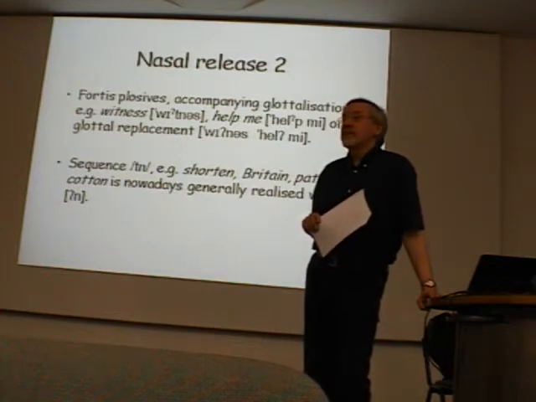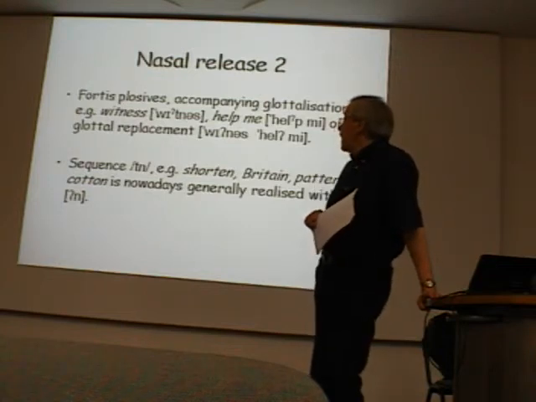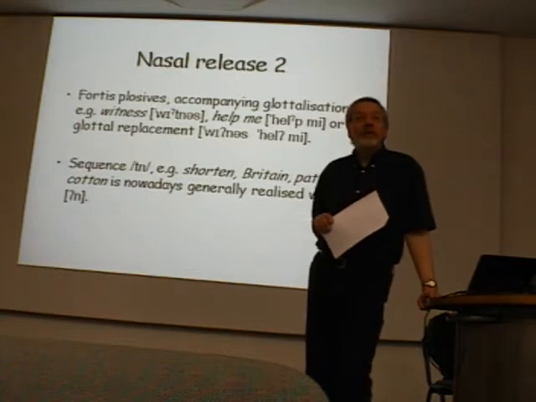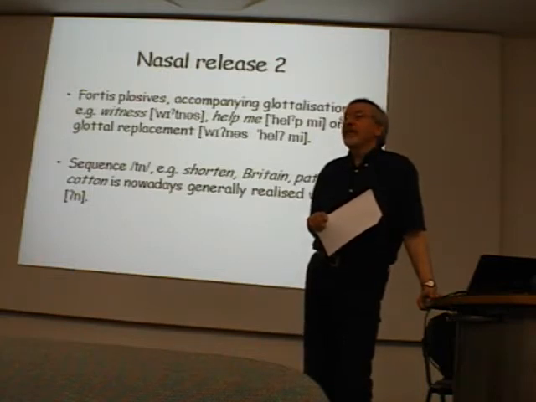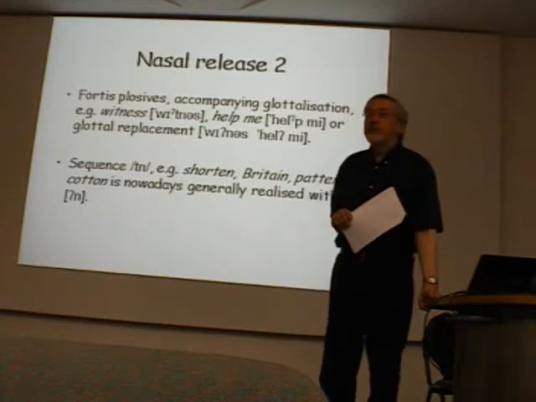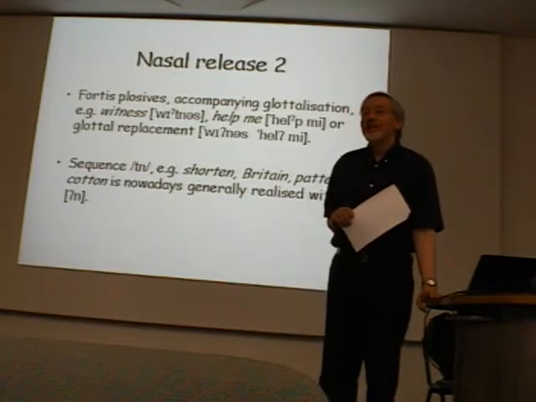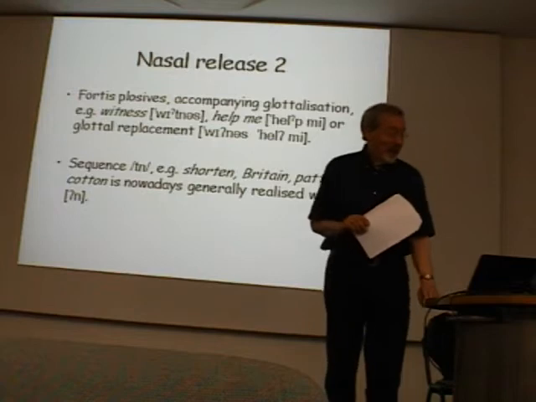They don't tend to use it quite as consistently as in British English, but in the case of before N, cotton, Britain, they don't produce a voiced T. We'll come on to what that is in a second or two, but instead of that, they have glottal stop. So President Clinton, for instance, was pronounced in that way.